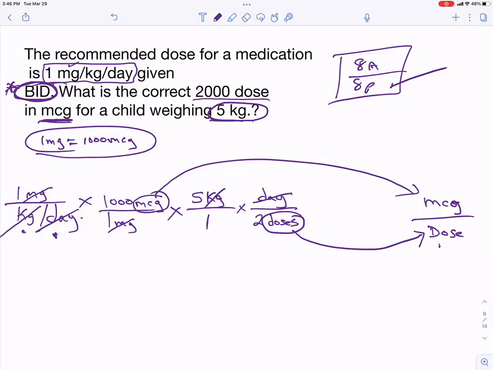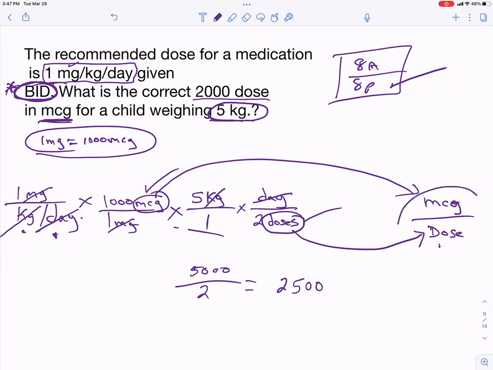So now that I've gotten rid of all of my unwanted, I look at my problem, everything is gone that I don't need. I have the micrograms and I have the word dose. So now again, it's just math. So 1 milligram times 1,000 times 5 is 5,000. And 1 times 2 is 2. And when I divide 2 into 5,000, it's going to give me 2,500.